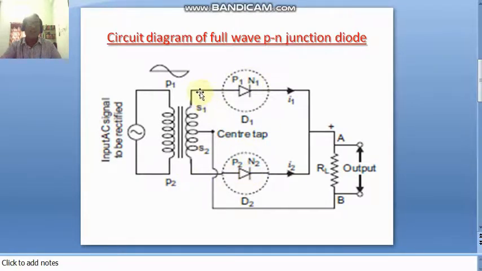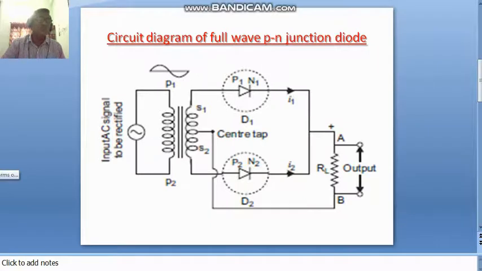Then S2 becomes positive for the second one while S1 is negative for the first. The polarities of the S1 and S2 terminals change alternately and continuously by using this center tapping system. That is the advantage to both diodes.